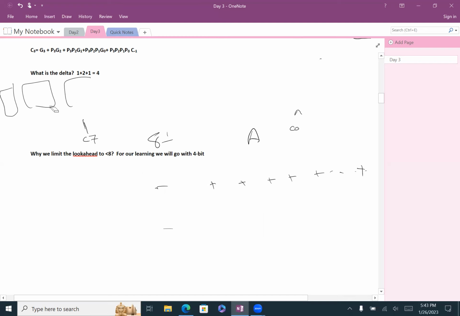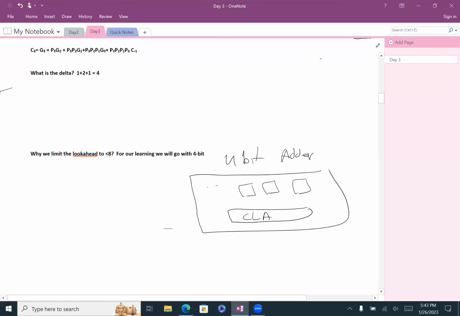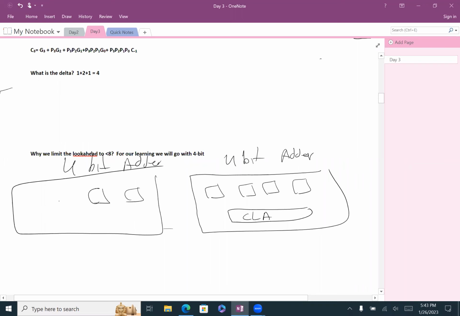All right, so what you can do, you will have here a 4-bit adder, correct? And on this side, you will have a carry look ahead for 4 bits, correct? And you can use the same one. It's a 4-bit adder, and you will have the carry look ahead.